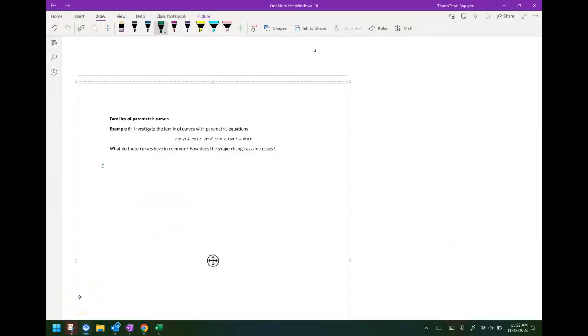So when a is less than -1, both branches are smooth. But as a approaches -1, the right branch acquires a sharp point.